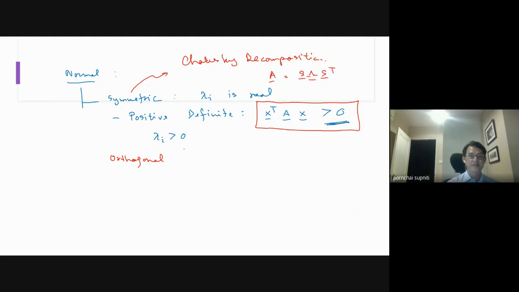And lastly, if a matrix is orthogonal, it means that A transpose times A is equal to A times A transpose, which is equal to the identity. Orthogonal matrices can be found in unitary matrices and so on, for example.